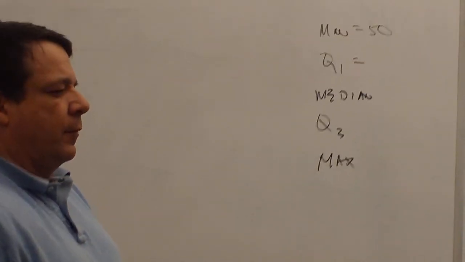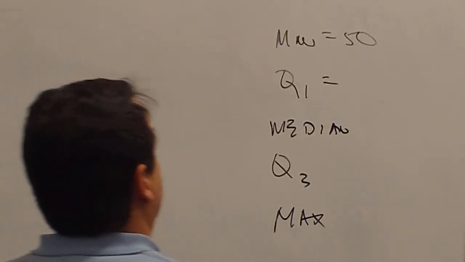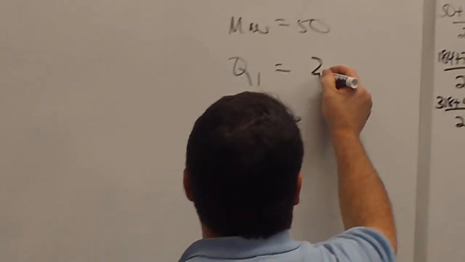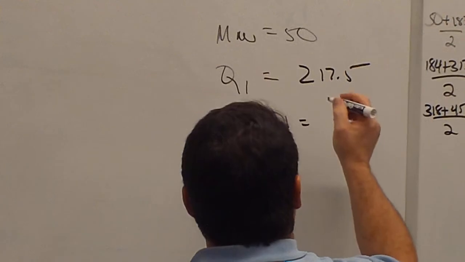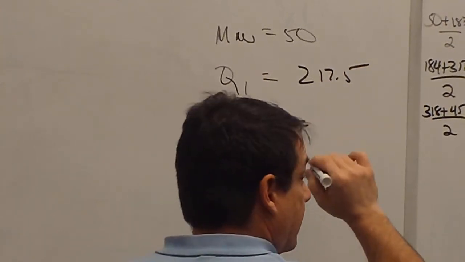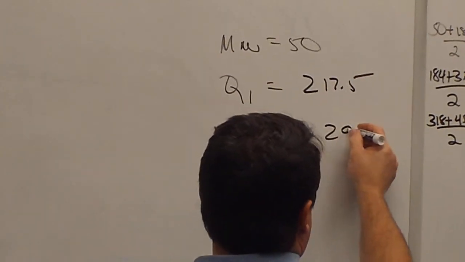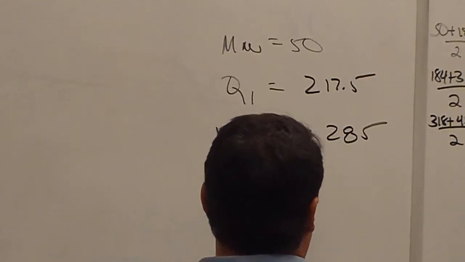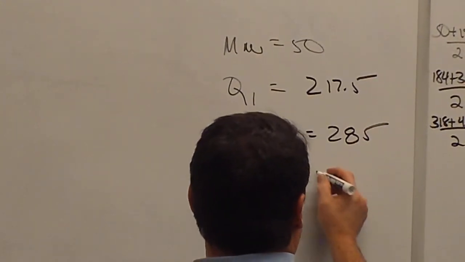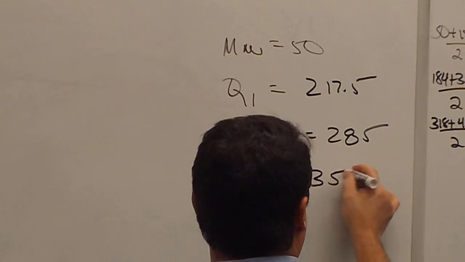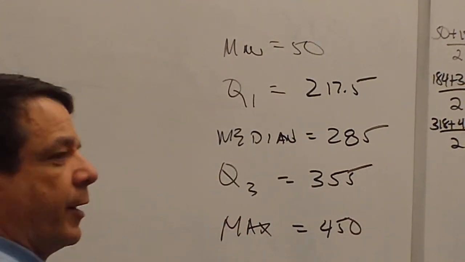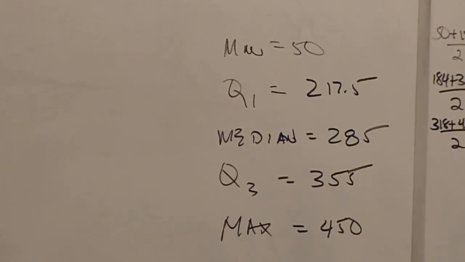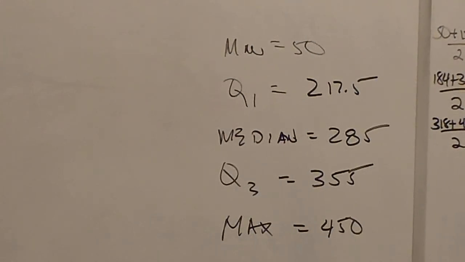What was the median? Q1 was 217.5. What's the median? 285. It's Q3. 355. And the max is 450.